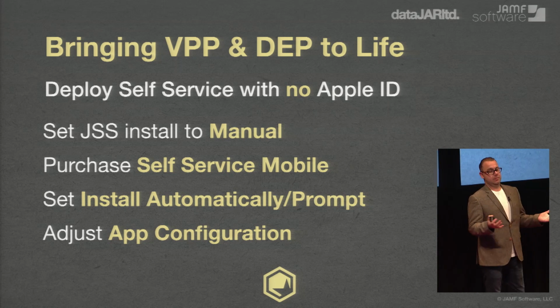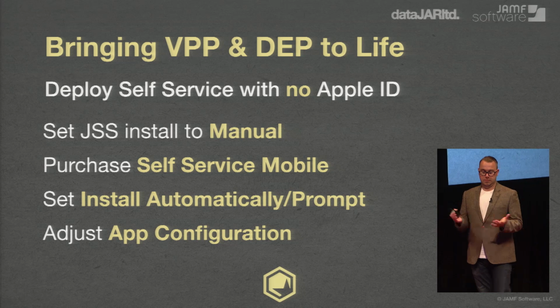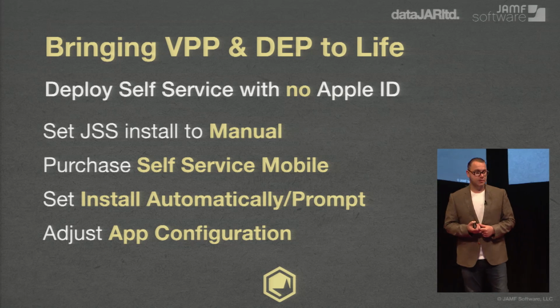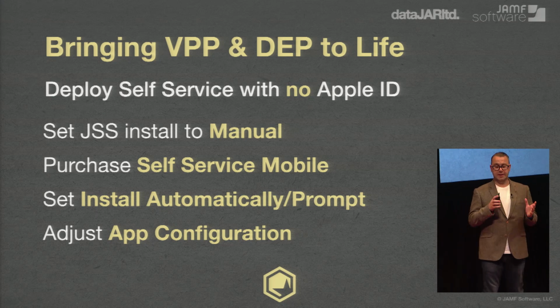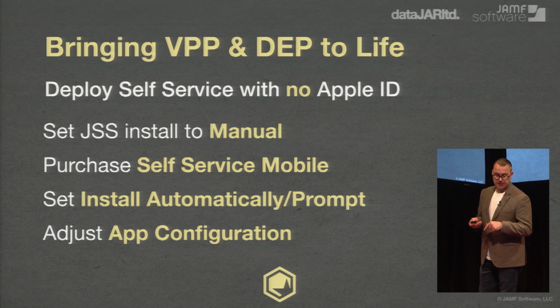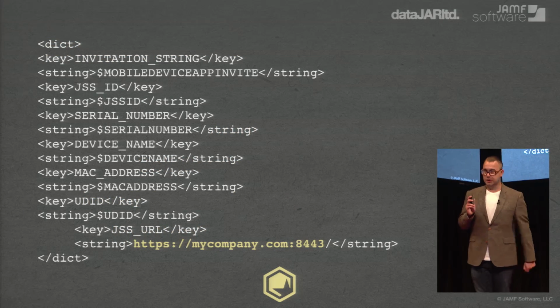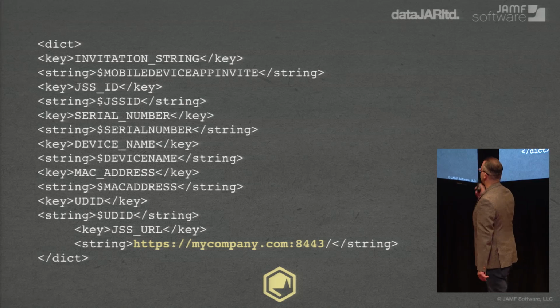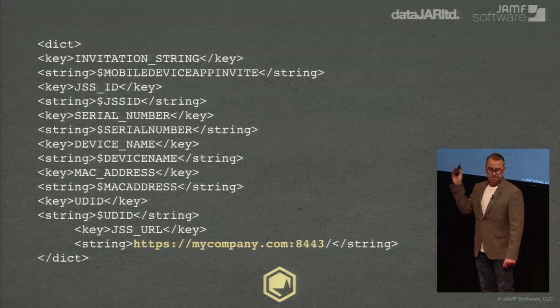We buy enough copies of the self-service app for our deployment, and we set that to install automatically. And then we can adjust the actual payload and the app configuration to be delivered when the app hits the device. And there's an article on Jamf Nation for this, but I've put it up here anyway.